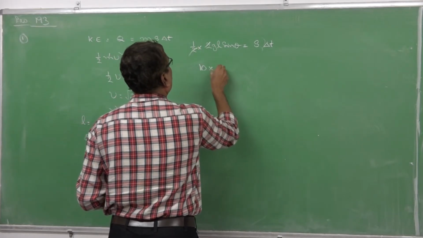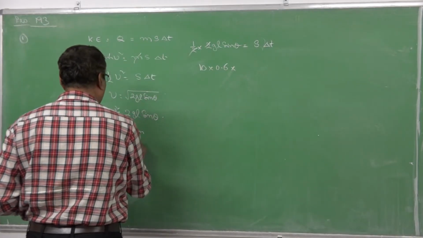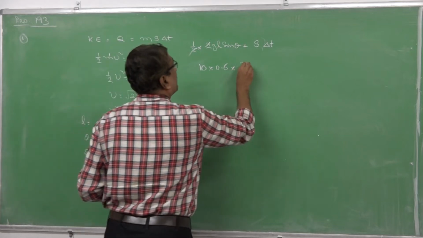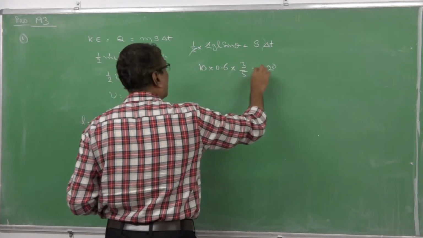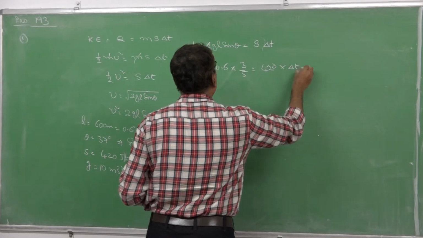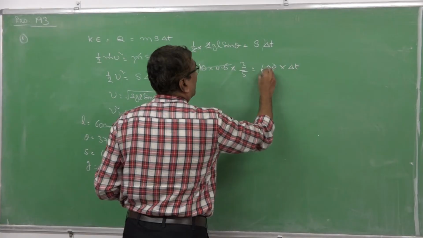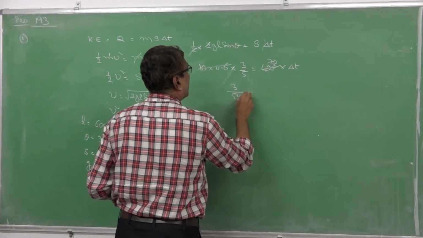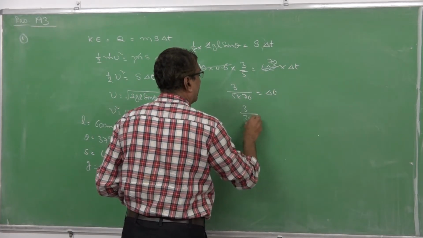So 10 into 0.6 into sin 37, which is 3 by 5, equals 420 into delta T. So 6 cancelling with 420 gives 70. So 3 by 5 into 70 equals delta T. That is 3 by 350.